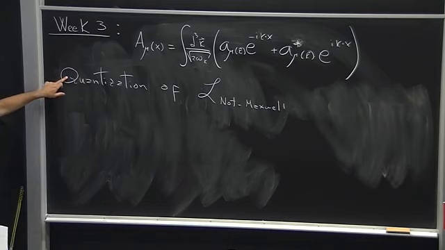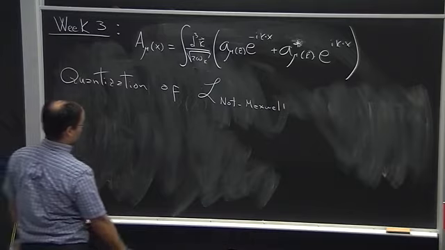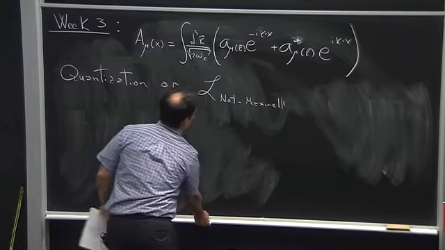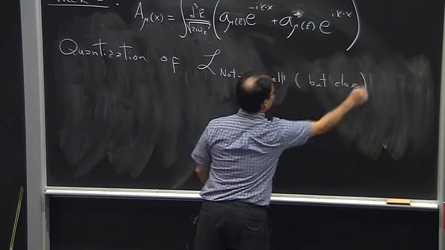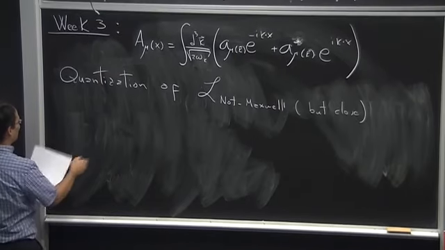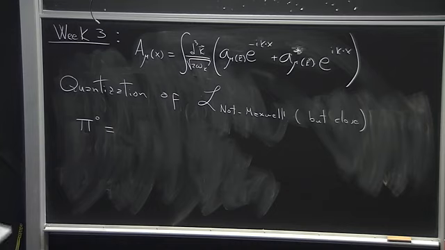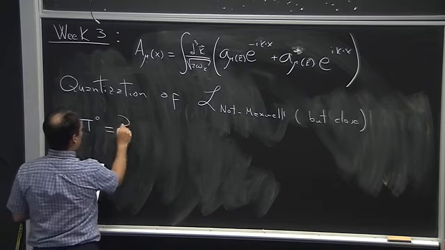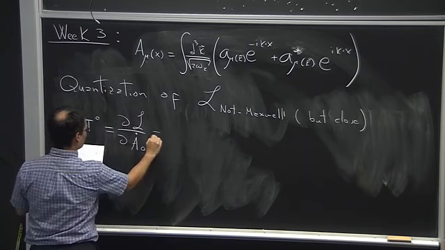So let's attempt to quantize our not Maxwell theory. Not Maxwell, but close. Otherwise there will be an infinite number of non-Maxwell theories. So what was the problem we had? We had precisely a problem with pi 0. Which was this quantity.